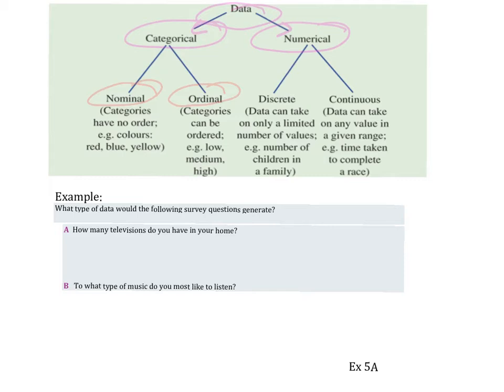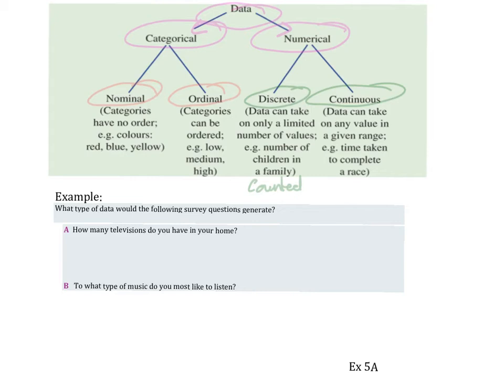So down that line, we go categorical and then either nominal or ordinal. If we go down the other way, numerical, we can have either discrete data or continuous data. Both of these are numbers. They are number data. They are not words, but they are different. How are they different? Well, if you think of discrete as being able to be counted, so numbers that can be counted, the number of children in a family, the number of dogs in a household, the number of cars per household.